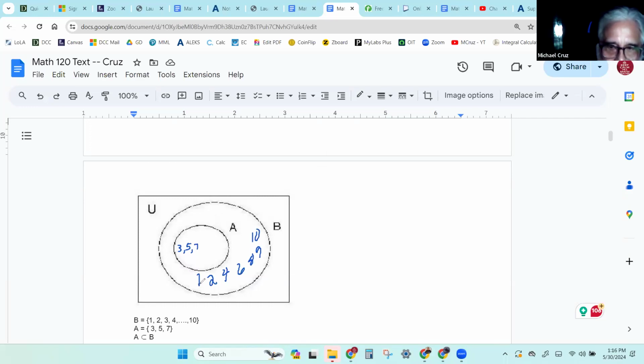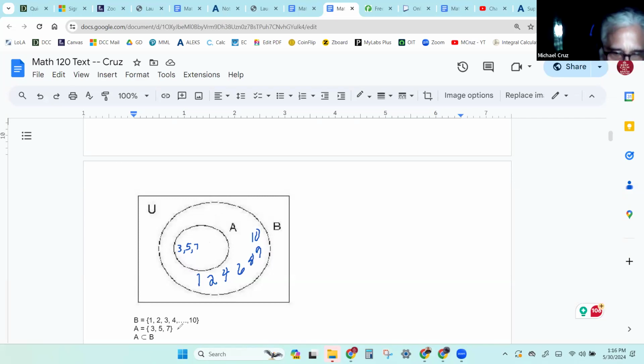Okay, so here's between, okay, the whole universal set. We don't know what's out here because we don't know what's in the universe, but B contains 1 through 10. Since A is fully contained within B, then we've got 1, 2, 3, 4, 5, 6, 7, 8, 9, and 10.